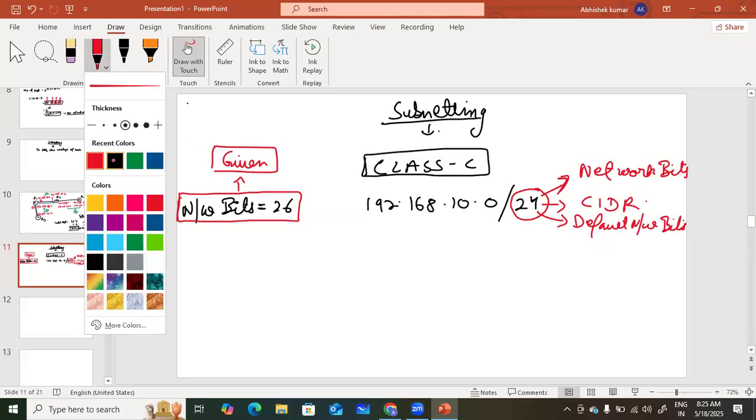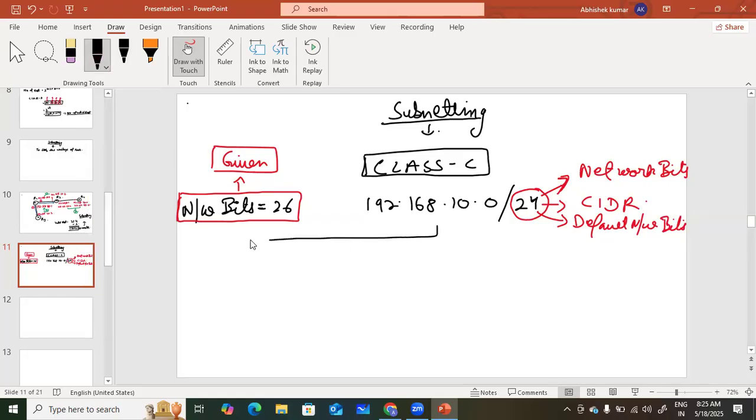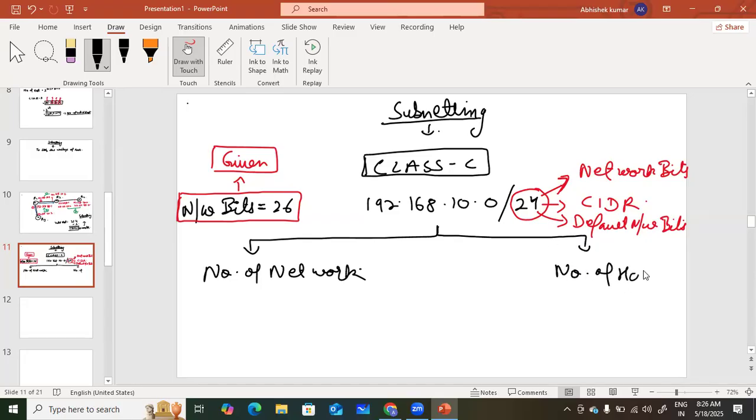So let's find out two things: the number of networks and the number of hosts we are going to get from this.